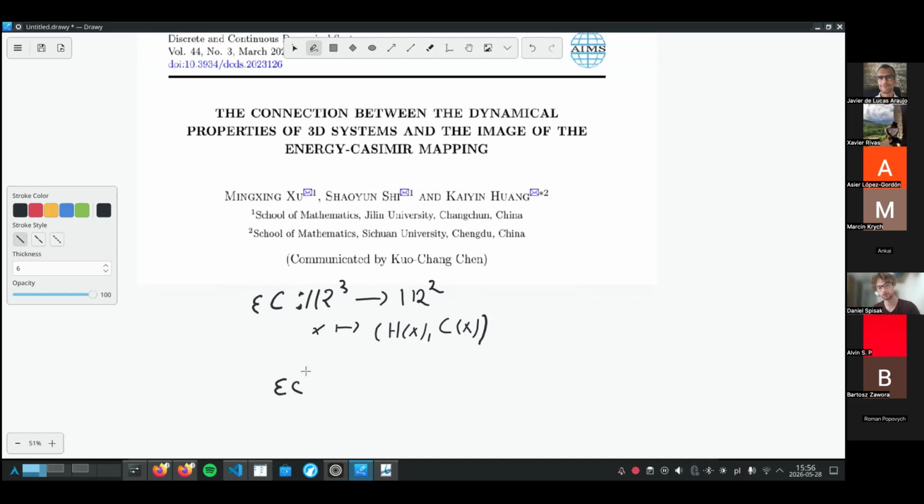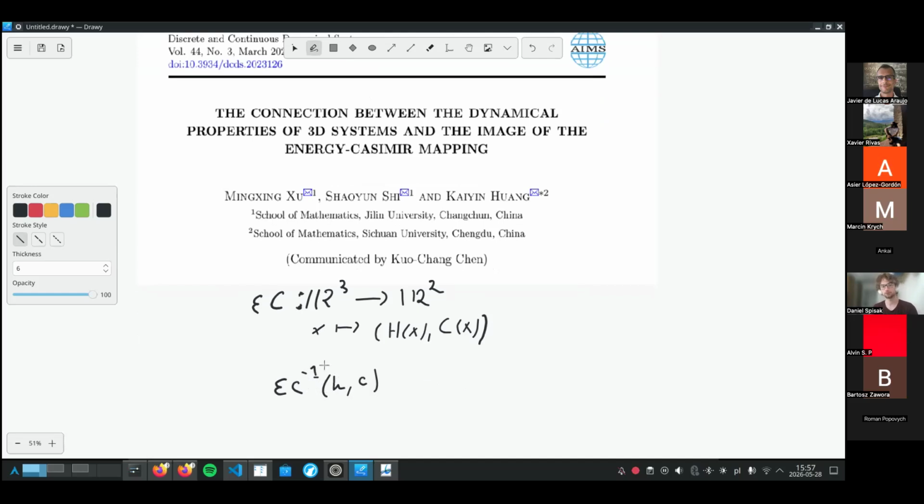So by studying the pre-image, we can determine the stability of a system just by looking at where the equilibrium is.